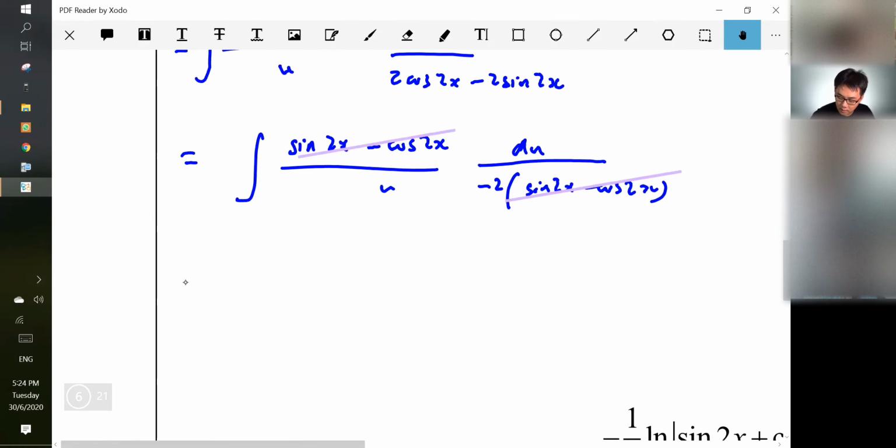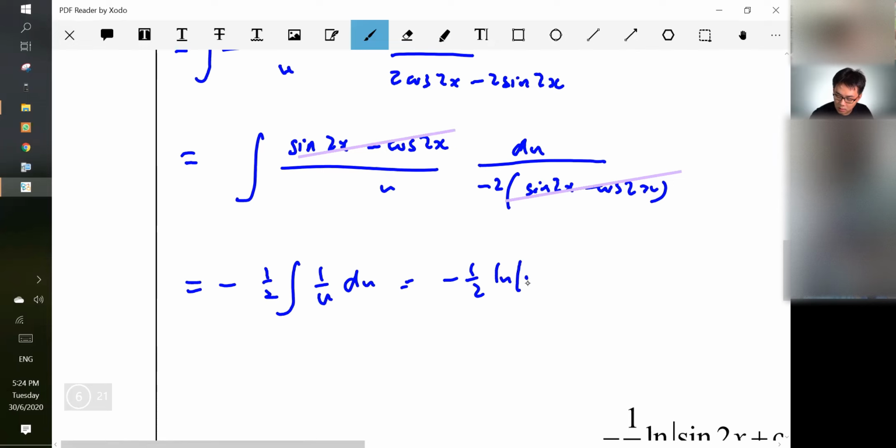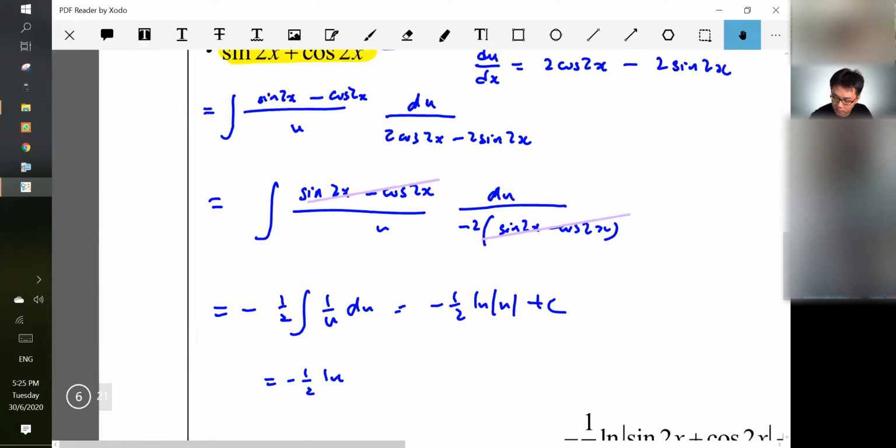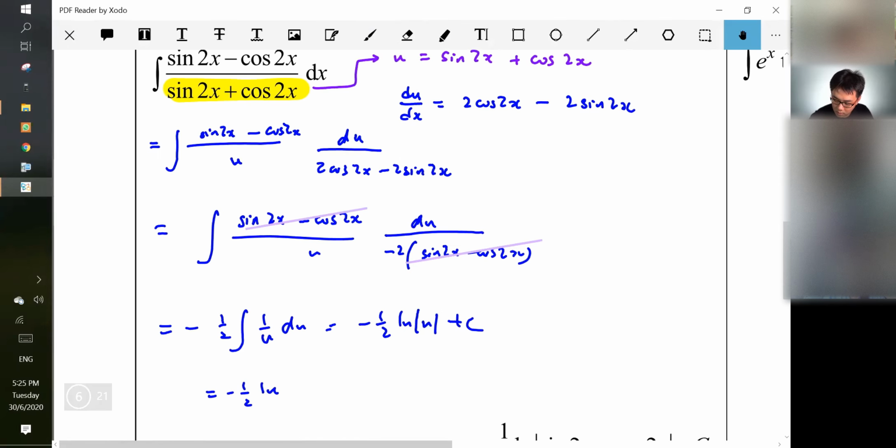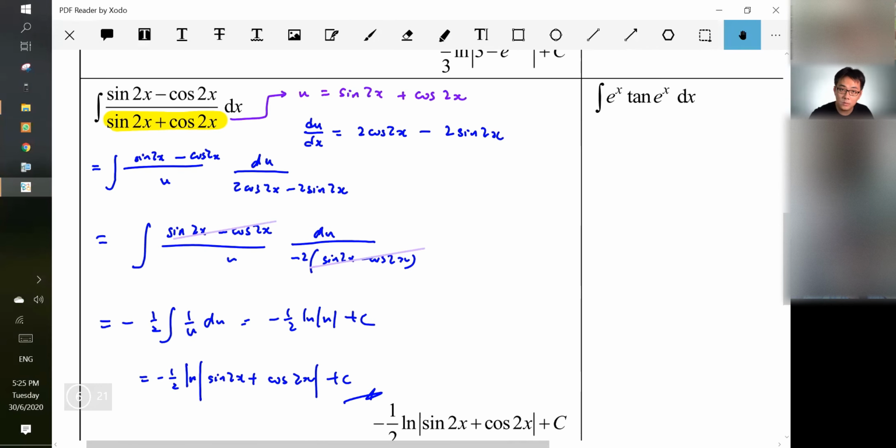And you get minus half. This is minus half ln sine 2x. There you go. Question, please ask.